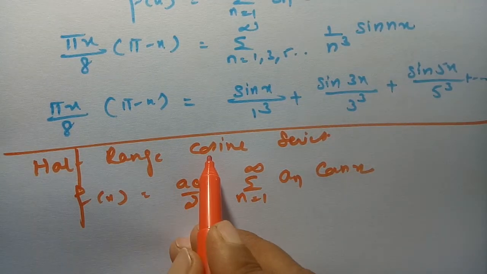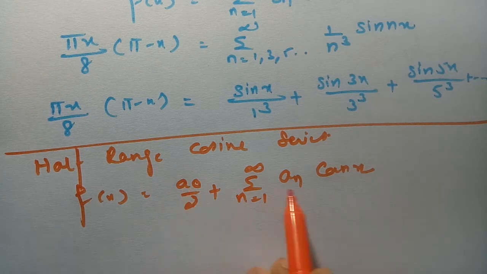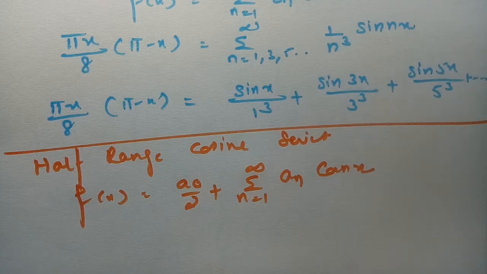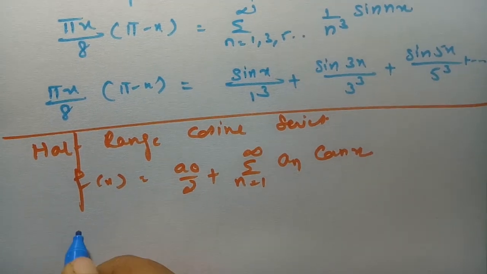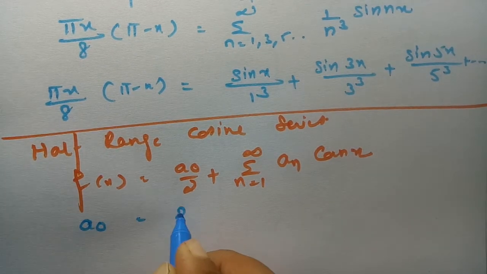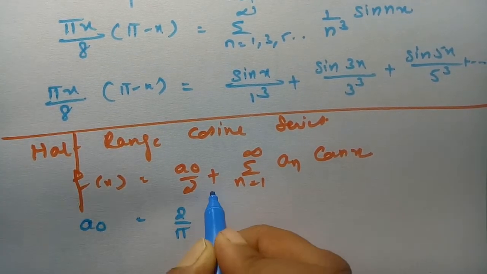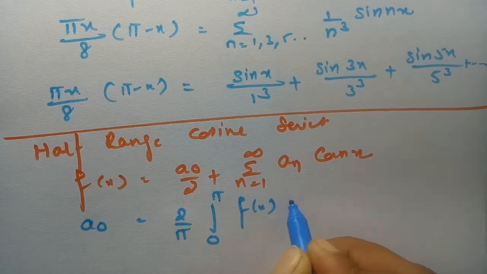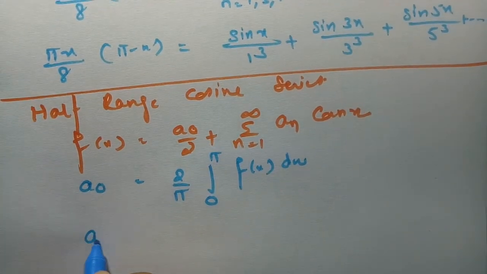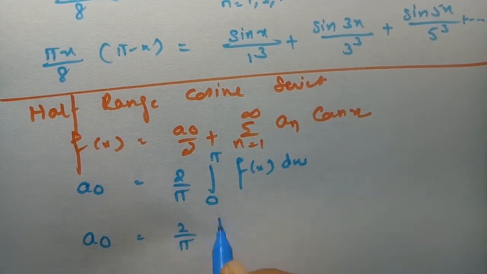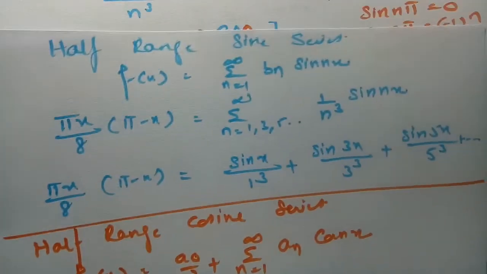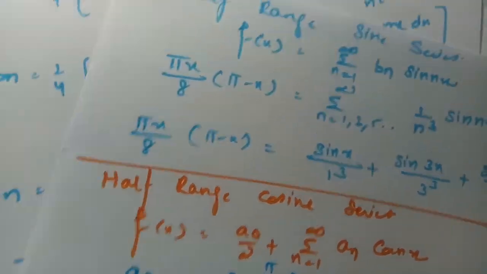For this, we have to find the value of a naught as well as an. For finding a naught, the formula is 2 by pi times of integral 0 to pi f of x dx. So a naught is equal to 2 by pi times of integral 0 to pi. I'll show you what is f of x from the question.